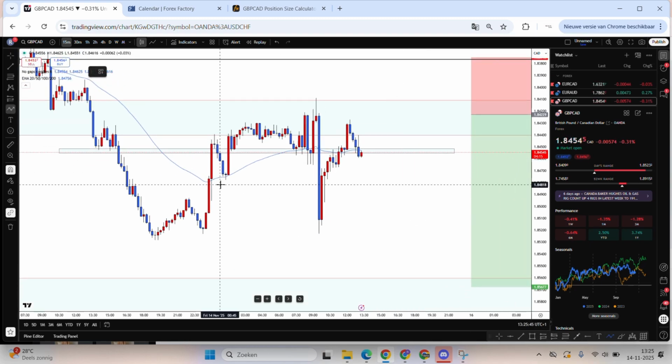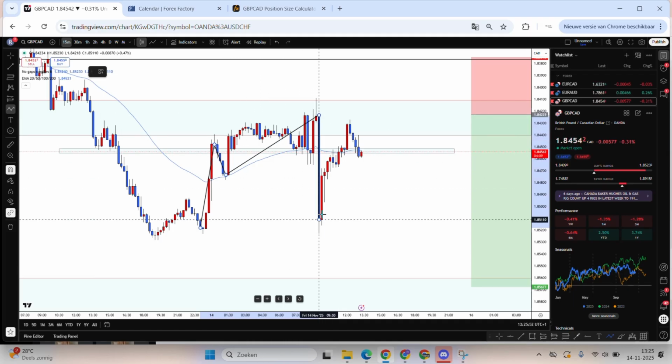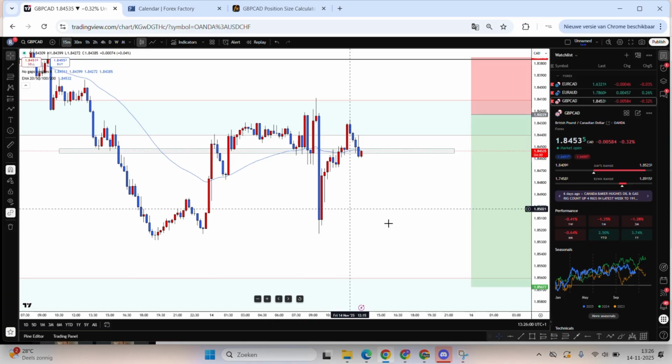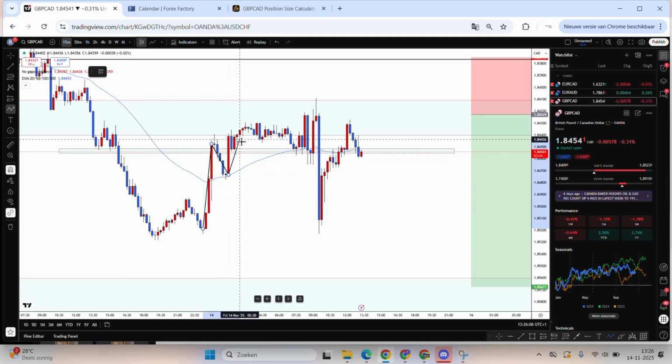So right here we have an ugly head and a right shoulder right here. Oh no, I'm drawing it wrong, guys. Sorry, one second, let's do it again. So, we have a left shoulder, then we have a head, and then we have a right shoulder.